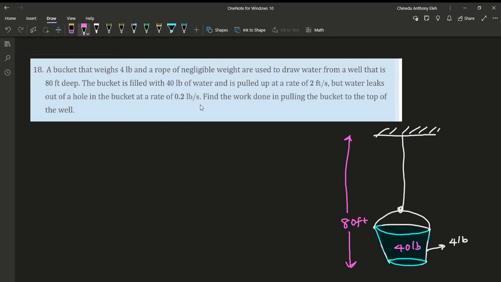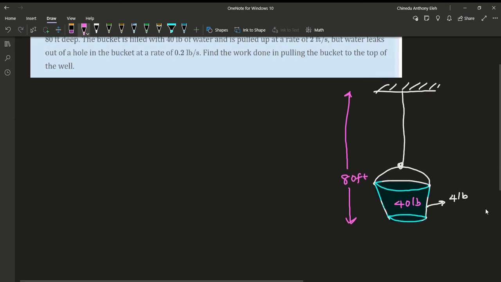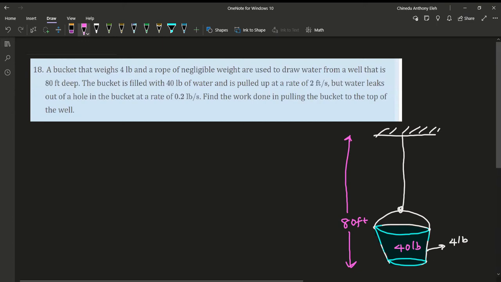So water leaks at a rate of 0.2 pounds per second, and we are also told that the bucket is pulled at a rate of 2 feet per second. So what we can do is suppose this moves a tiny distance, x feet.